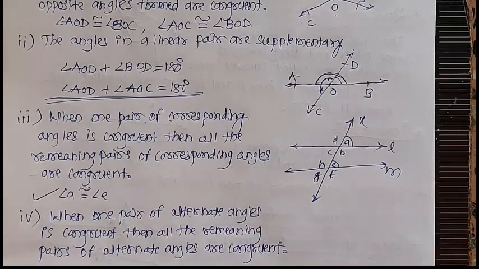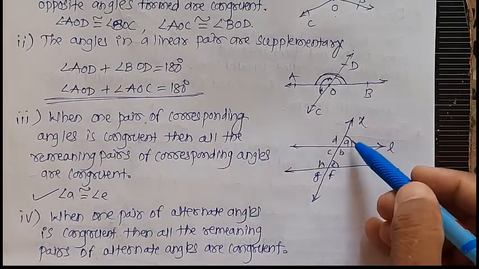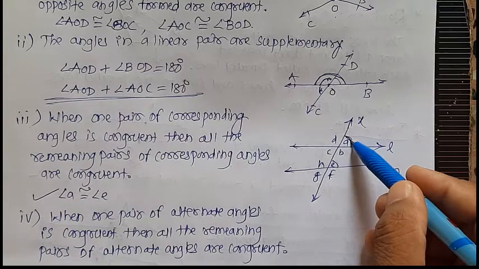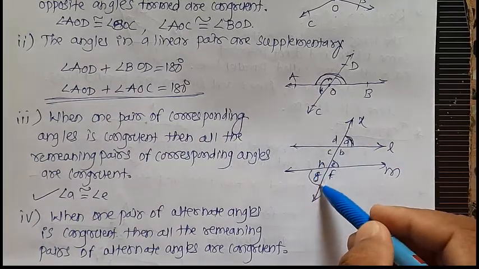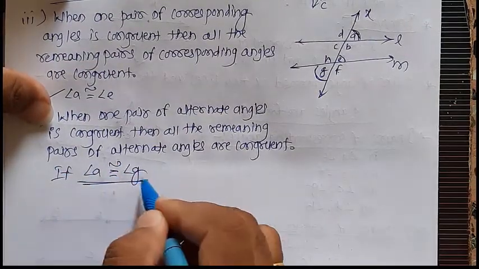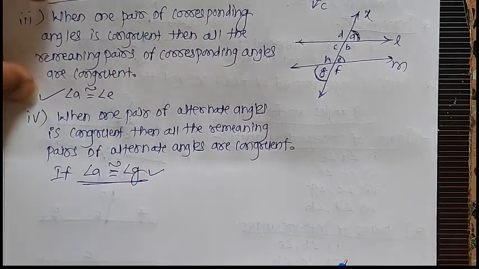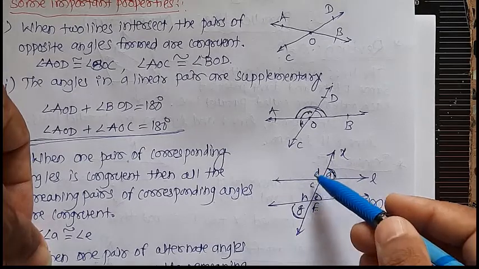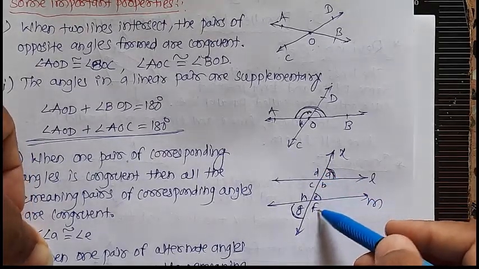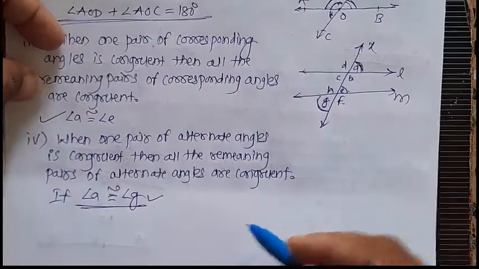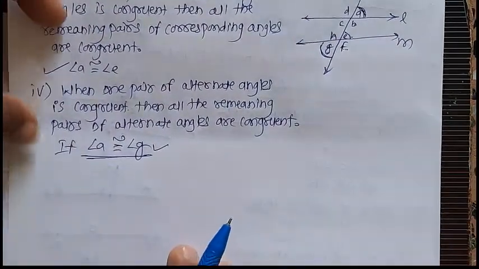Any one pair can be given as congruent. Suppose the exterior pair, angle A and its alternate angle G, are given as congruent. Then the remaining pairs of alternate angles are also congruent: angle D congruent to angle F, the second exterior pair, and also angle B congruent to angle H and angle C congruent to angle E.